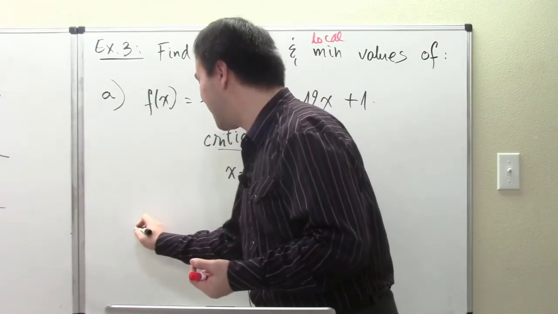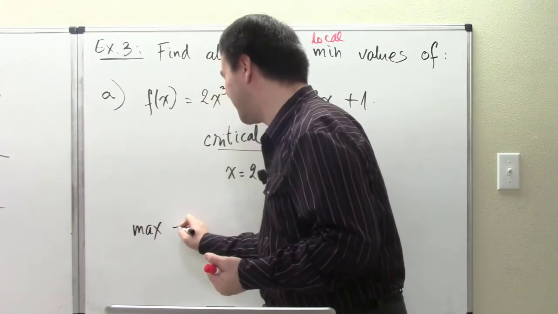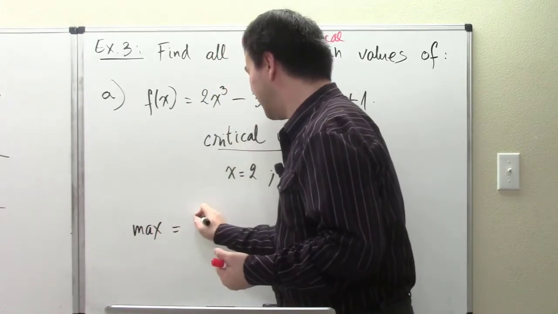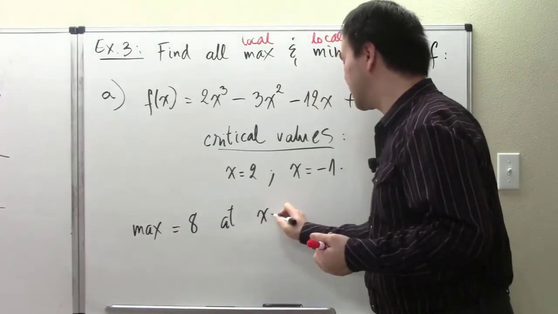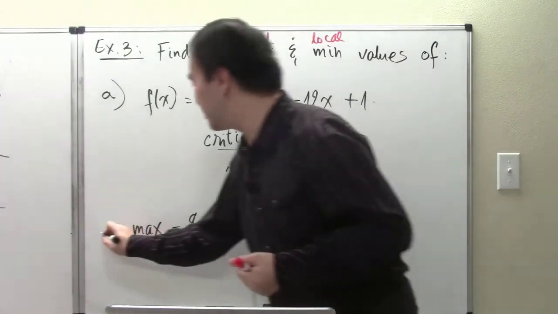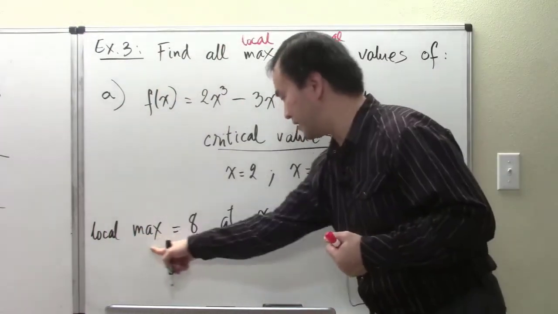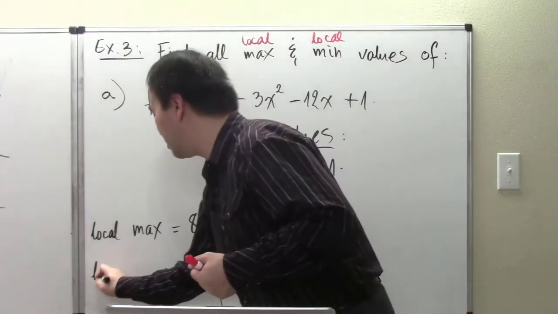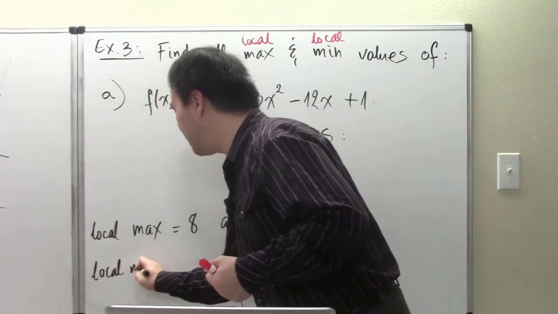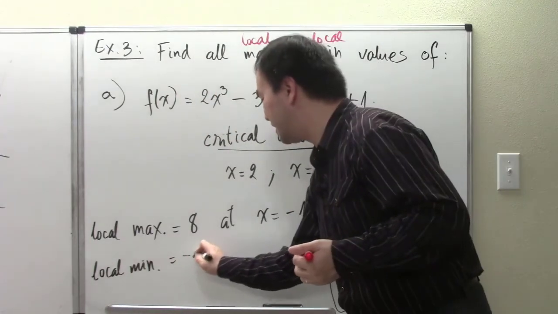We can just say we have the maximum value equal to 8, but it happens at x equals -1. You can also be clear that this is a local maximum, okay, and the value there is 8, and it happens at x equals -1, and then we have a local minimum, okay, and there are quite a few different ways of how we can indicate our final answer.